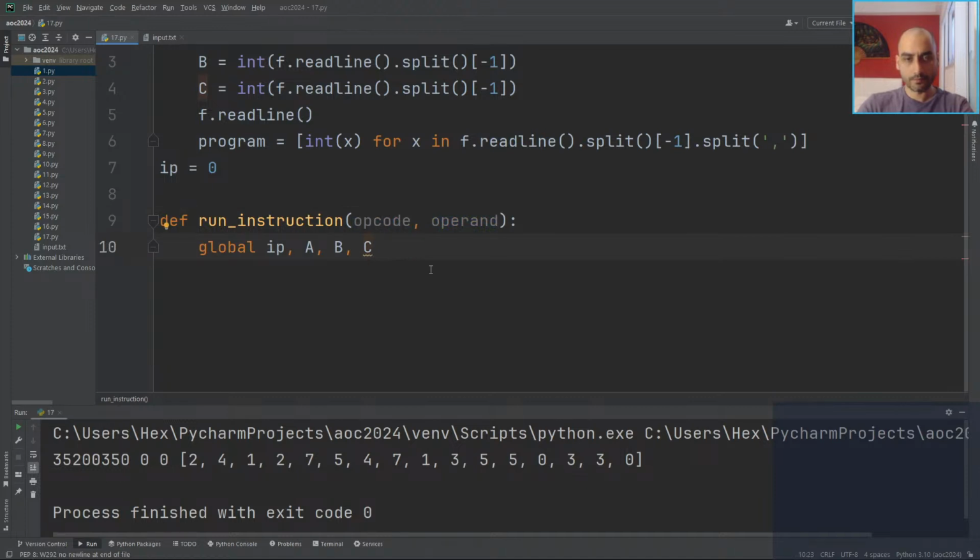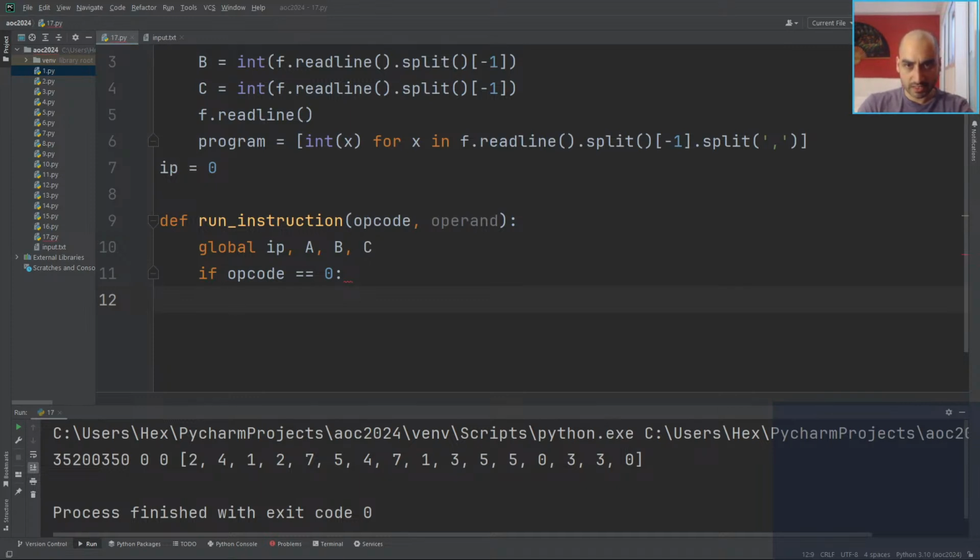Alright. Now we just do a big if else. Let's see. If opcode is 0, so this is division. The numerator is the value in the A register.